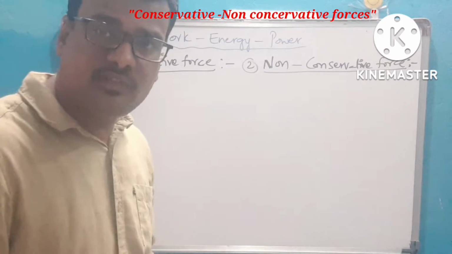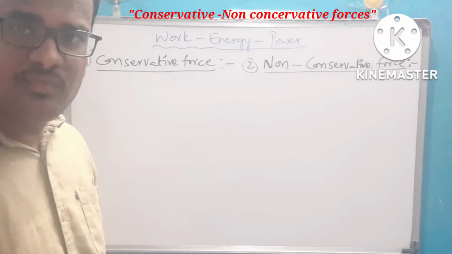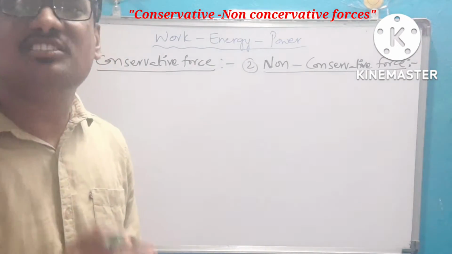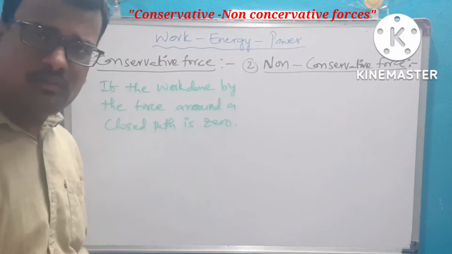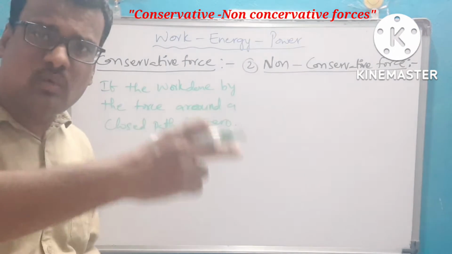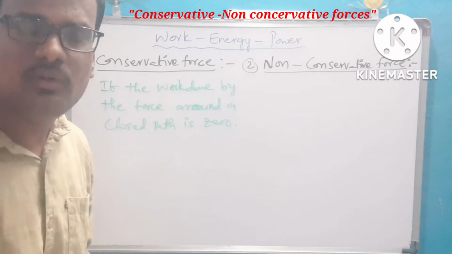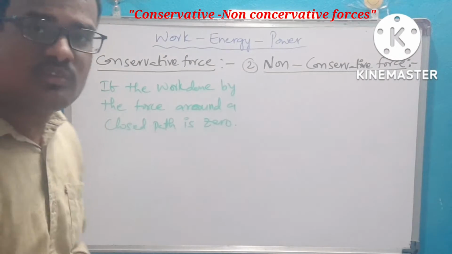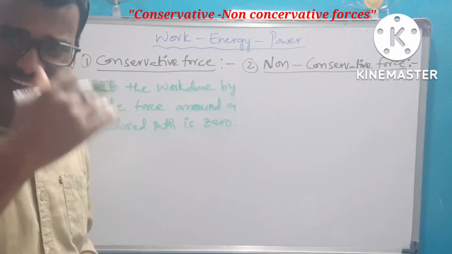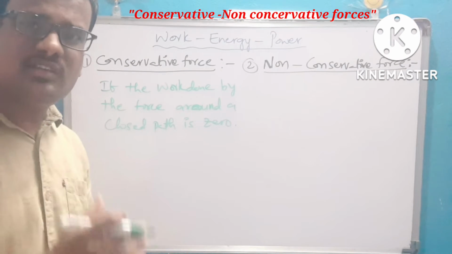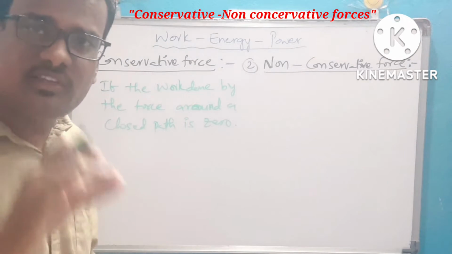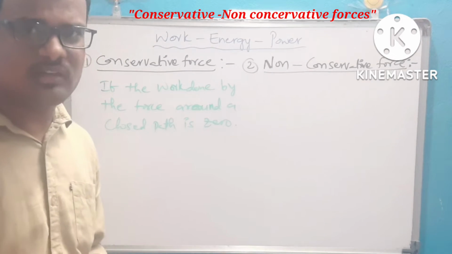What is a conservative force? If the work done by the force around a closed path is zero, then such a force is called a conservative force. Whenever a force is applied on a body and displacement occurs, work is done on that body.